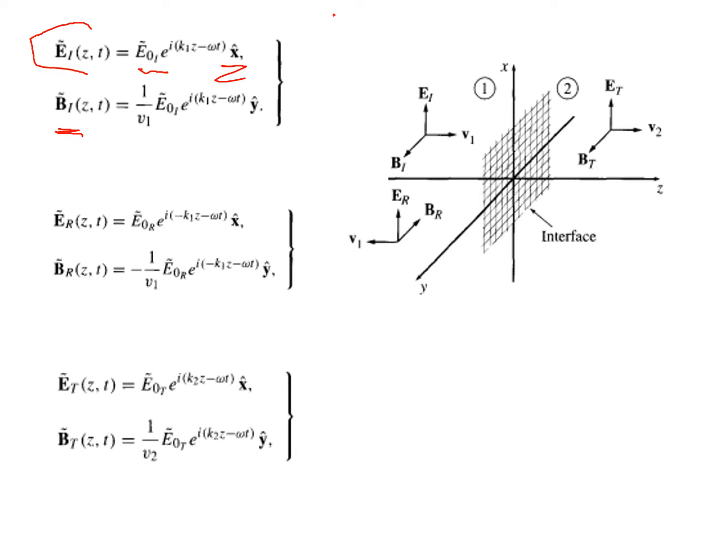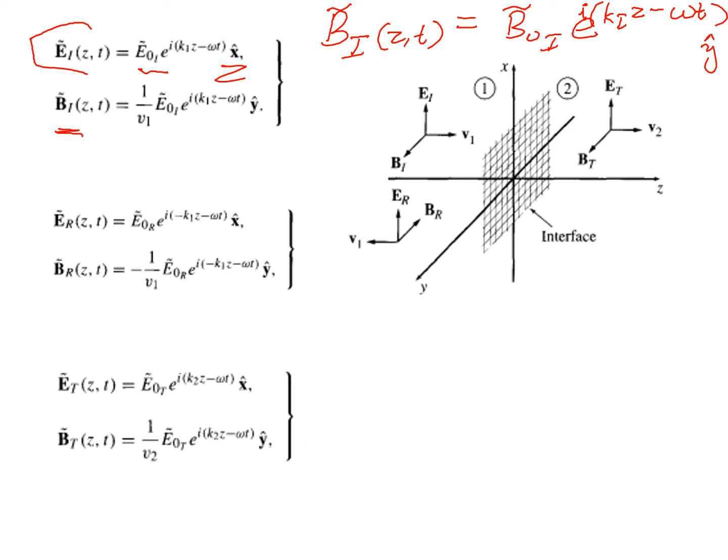Now the magnetic field component. We know the magnetic field component B_I(z,t) is equal to B_0I e to the power i(k1 z minus omega t) y-hat. Why did we take y-hat? It is the direction perpendicular to both the electric field and the propagation direction.